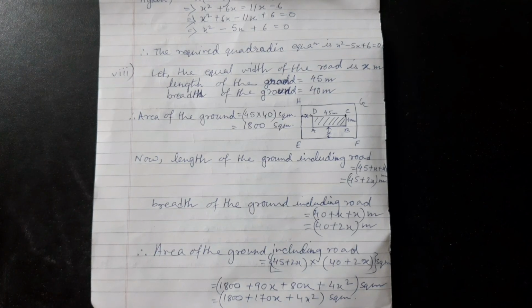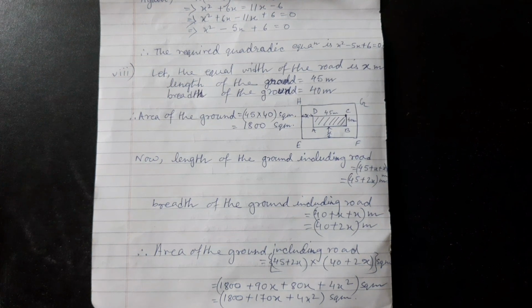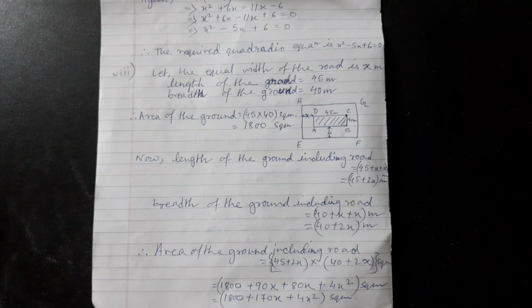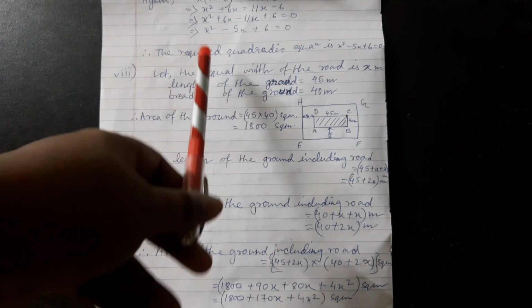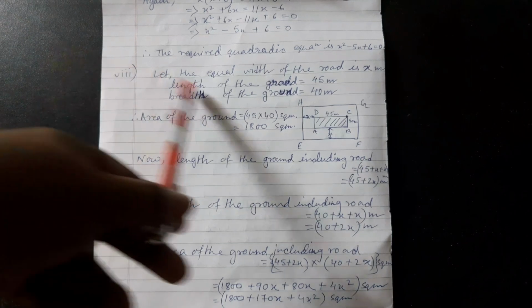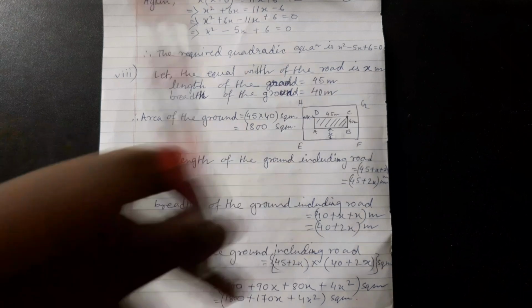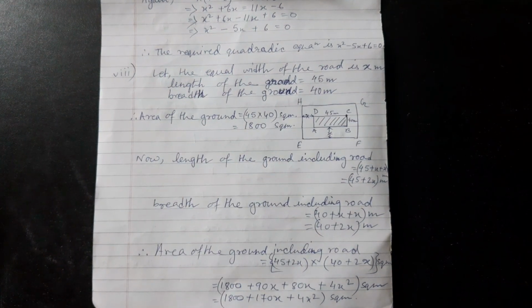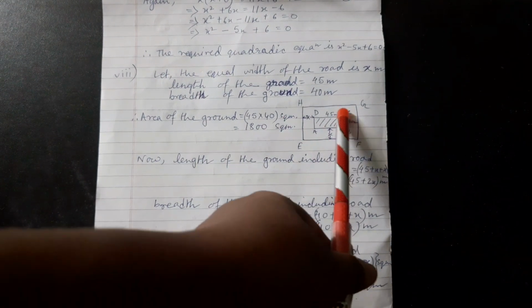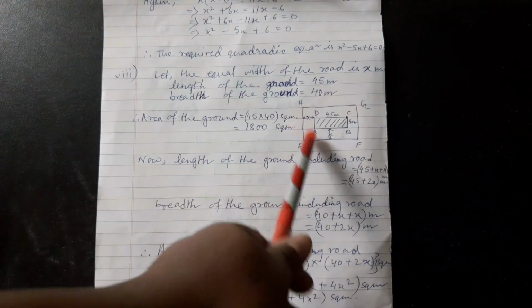So first we have to assume the width of the road as x meter. Let the equal width of the road be x meter, length of the ground is 45 meter, and breadth of the ground is 40 meter. It is given. This is the diagram. This is the ground. This portion is the road.